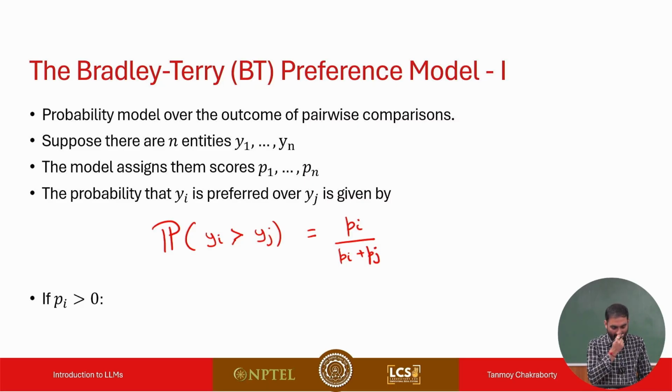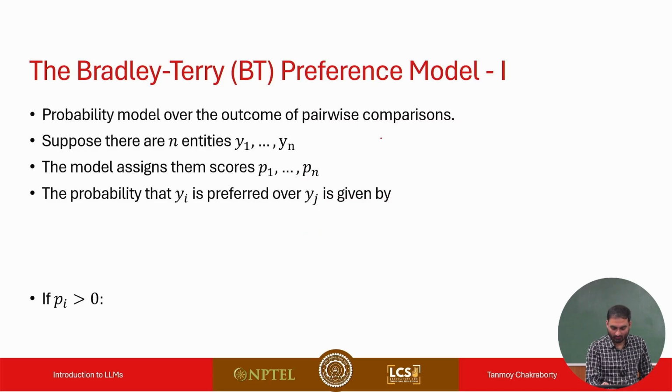Suppose you have entities like y1, y2, dot dot dot, yn, and you have some sort of score associated with the entities, and let's say these scores are preference scores, P1, P2, dot dot dot, Pn. Remember, we are discussing the Bradley-Terry model, and from it we'll see how the cost function is derived.